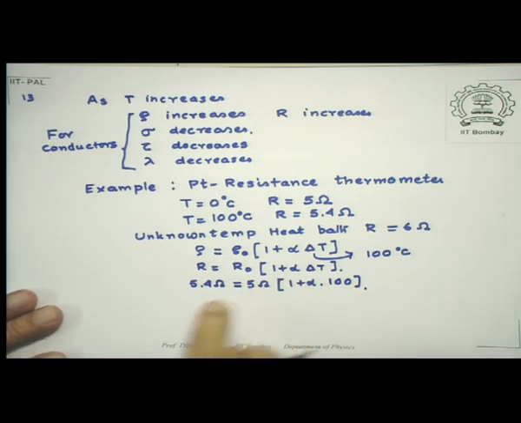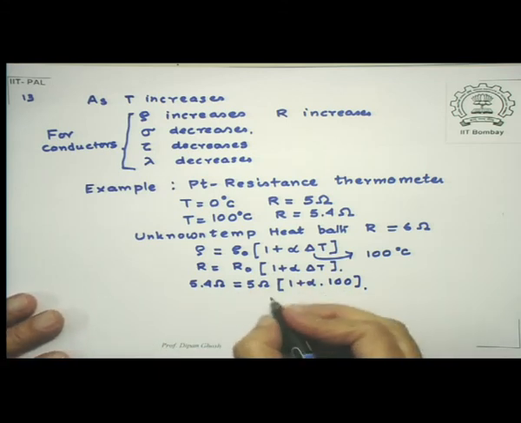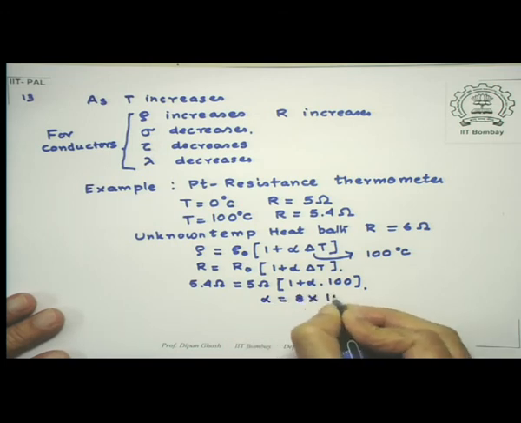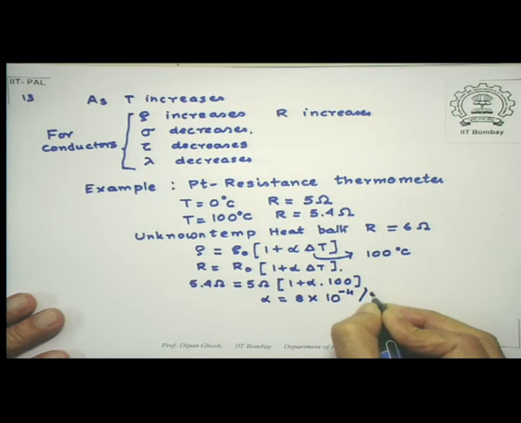And if you solve this equation, you find the value of alpha to be 8 into 10 to the power minus 4 per degree centigrade.